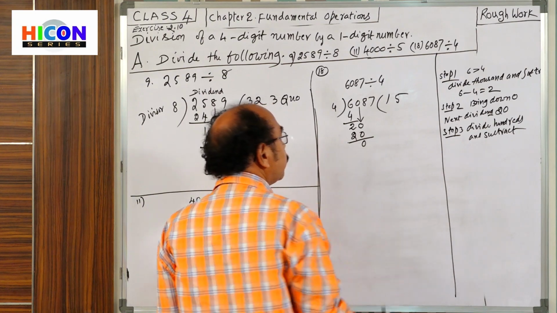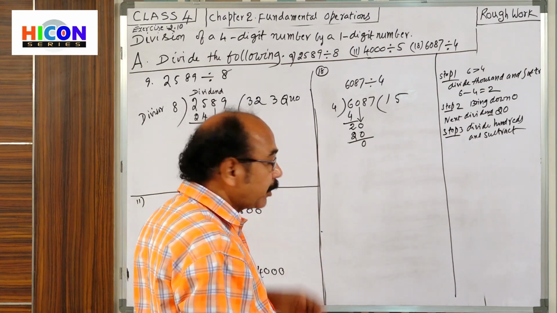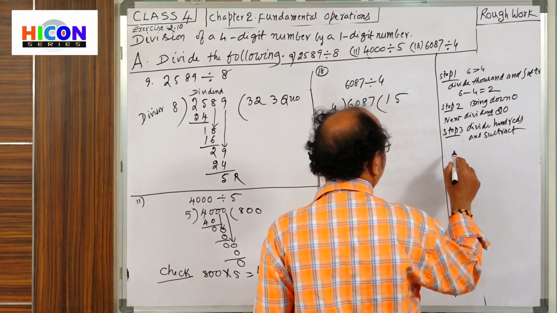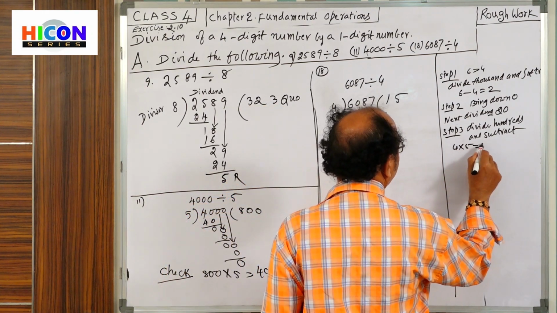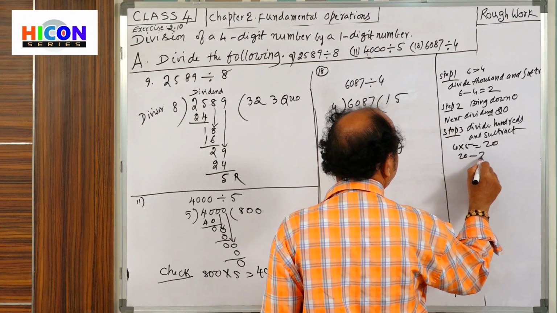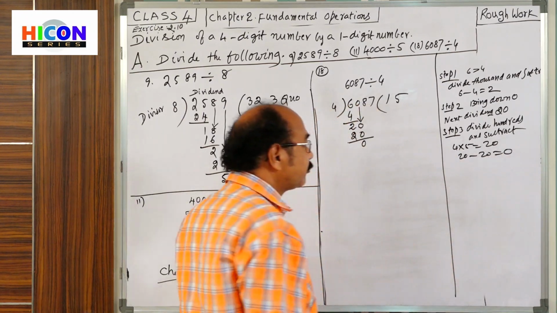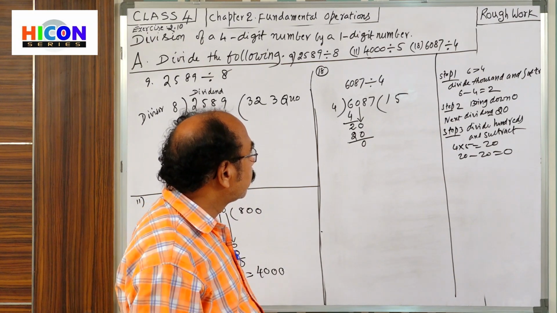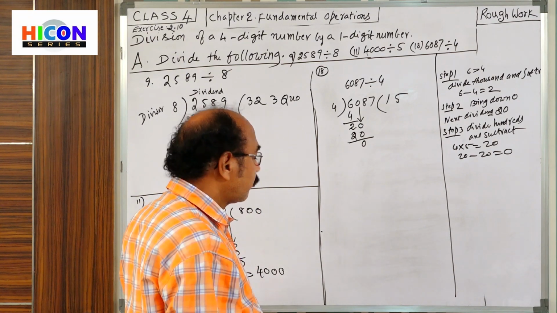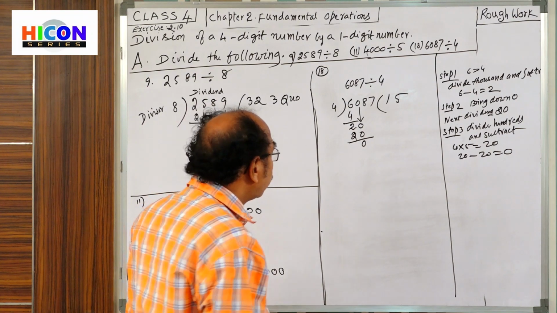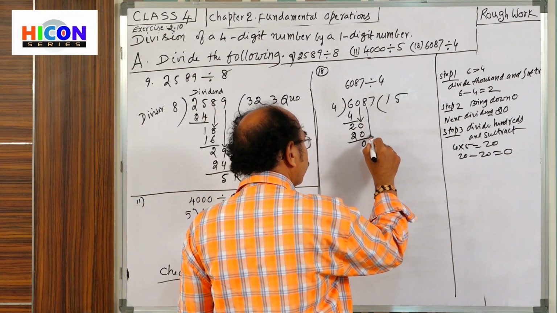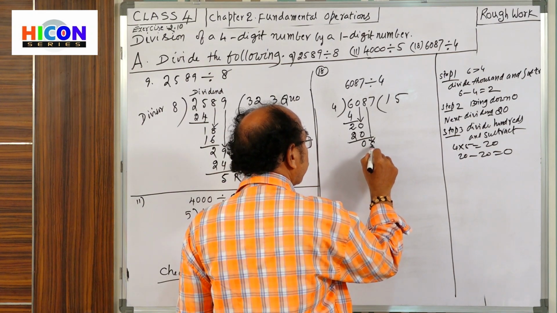Subtract: 20 minus 20 is equal to 0. Okay? Next. Now bring down 8.